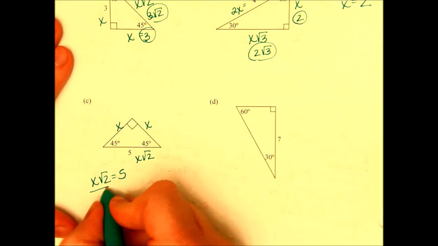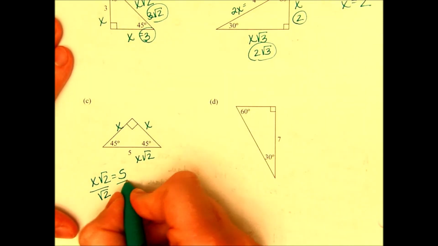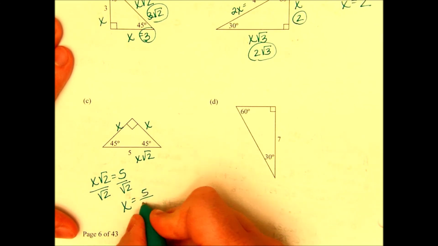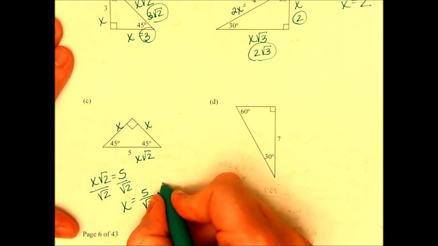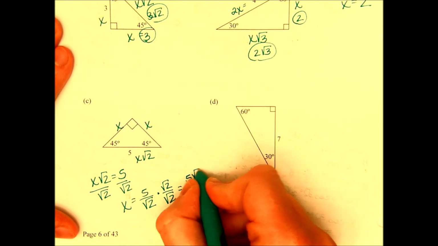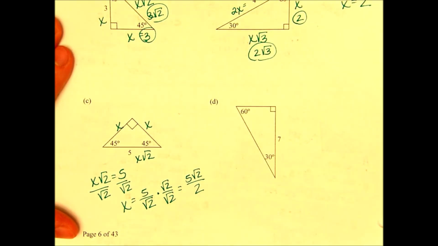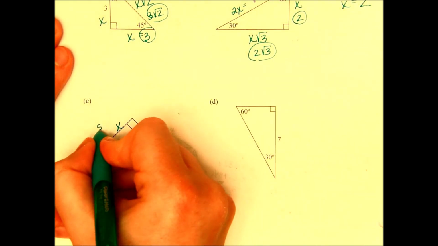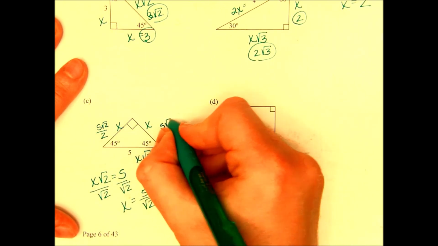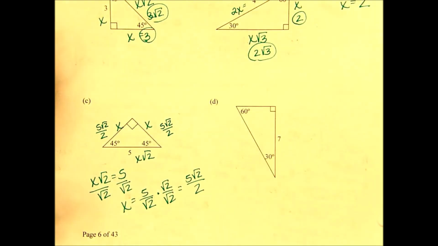Well, I'm going to divide both sides by root 2. I'm going to get x equals 5 over root 2. But of course, I should rationalize the denominator, so I'm going to multiply by root 2 over root 2 and get 5 root 2 over 2, which means that I know this side is 5 root 2 over 2, and I know this side is 5 root 2 over 2.